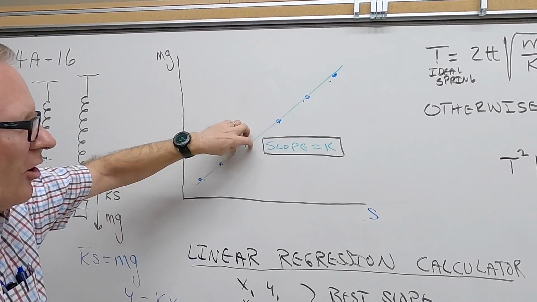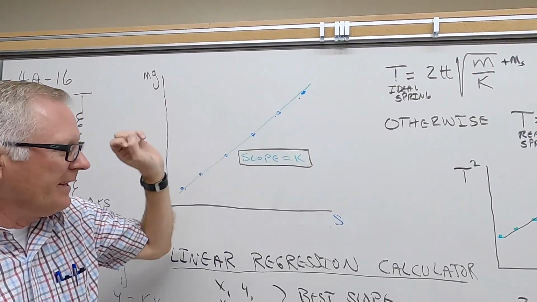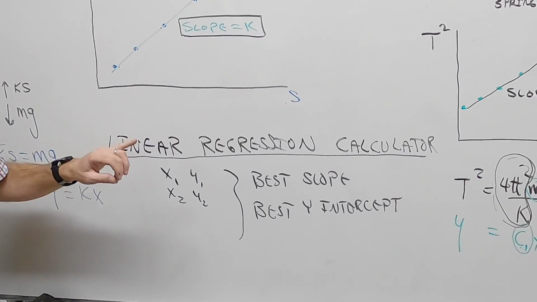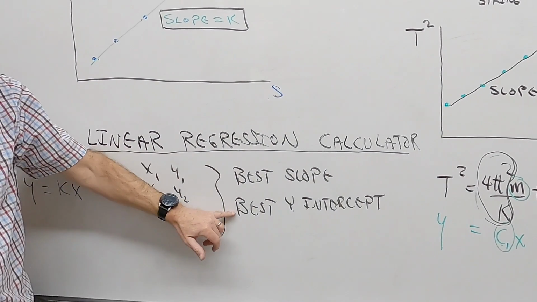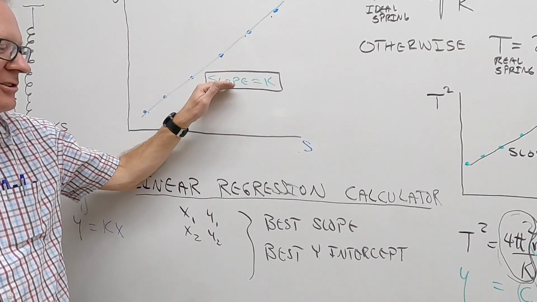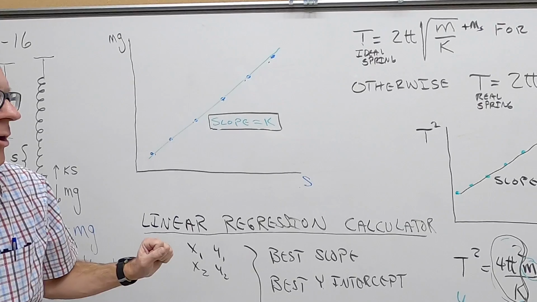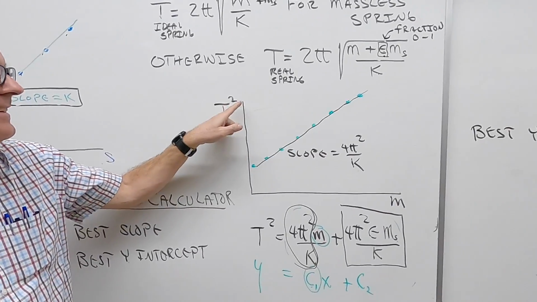You're going to use those points, plug them into a linear regression calculator, and it'll give you the best slope and the best y-intercept. All I care about is the best slope. The best slope will give me the k value. Then we're going to plot out T squared.